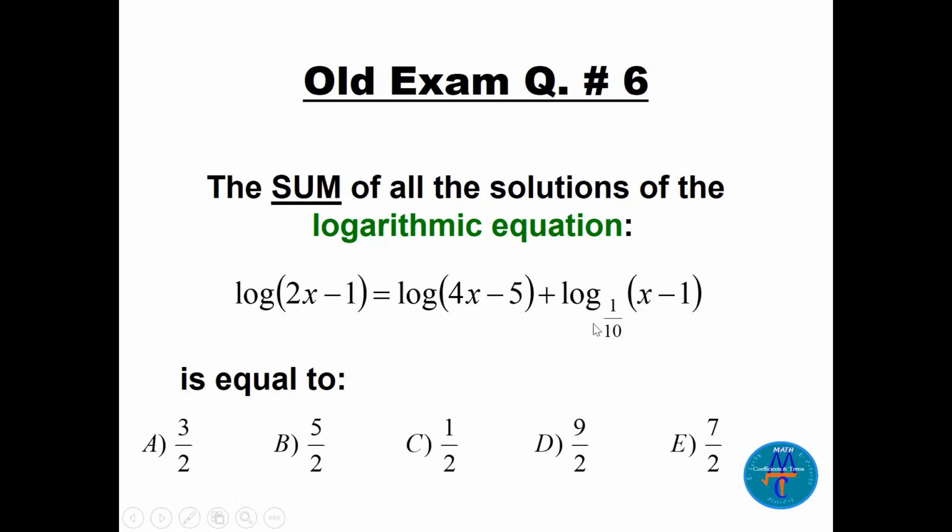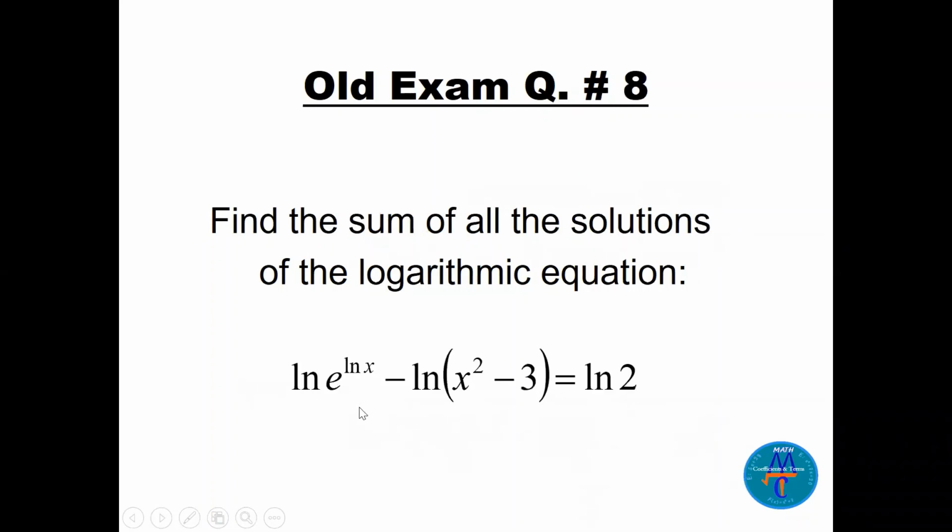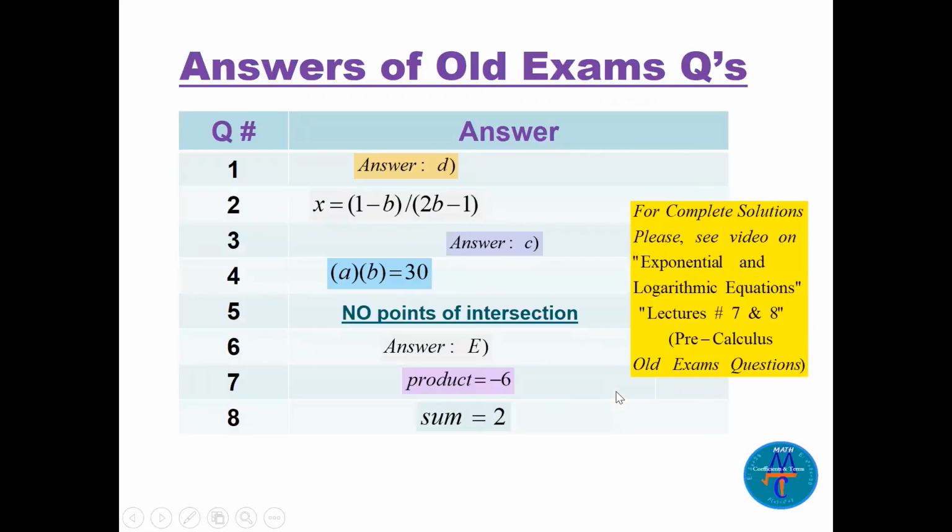So the idea here is to change the base here to 10, then you can proceed. Question number 7, we need to find the product of all the solutions of this equation base 2, and then find the sum of all the solutions of this logarithmic equation, ln of e to the power ln of x minus ln of (x squared minus 3) is equal to ln of 2.